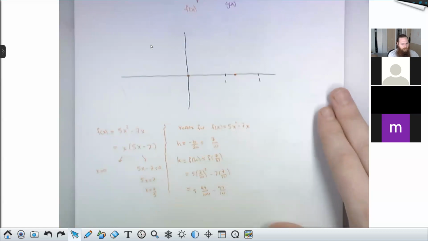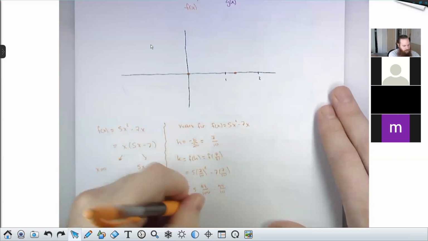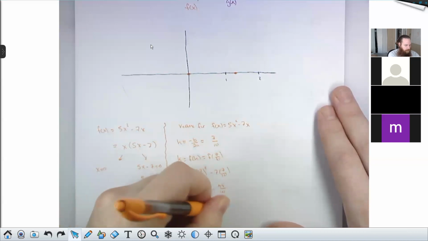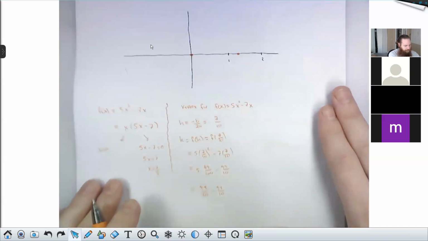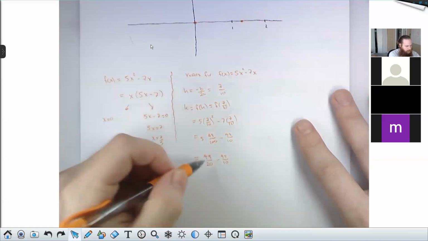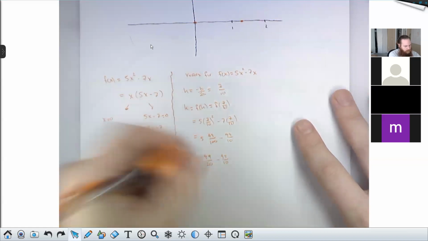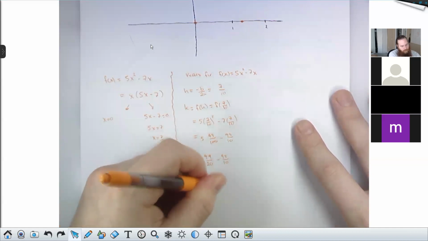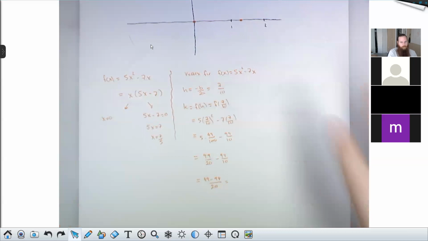Really not nice numbers here. You can cancel this 5 into this 100 and you get a 20 there, so that's 49 over 20 minus 49 over 10. And then here, if you multiply by 2, this is 49 minus 98 over 20, which again isn't super nice.